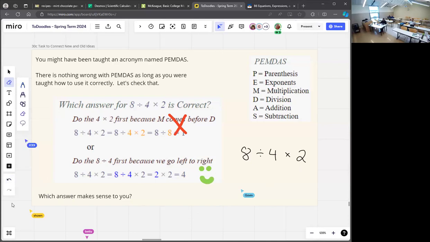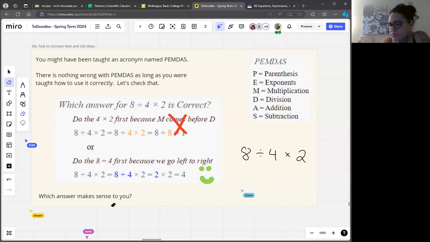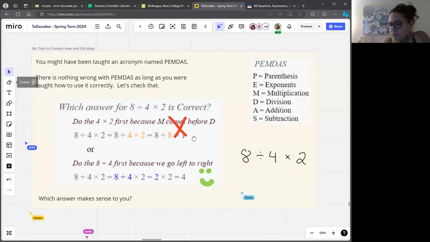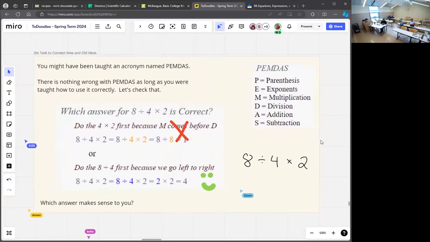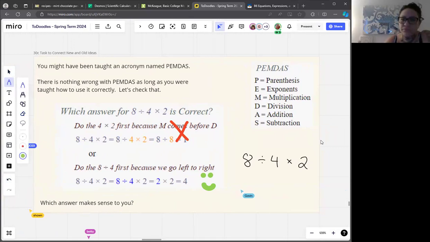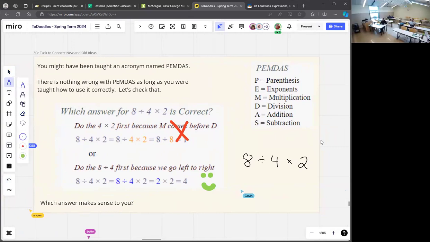So I need to talk about that. So in PEMDAS, exponents are one kind of level of things. They are what we do first.